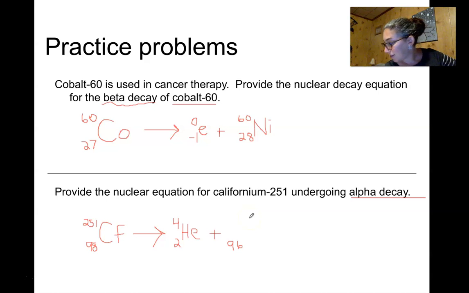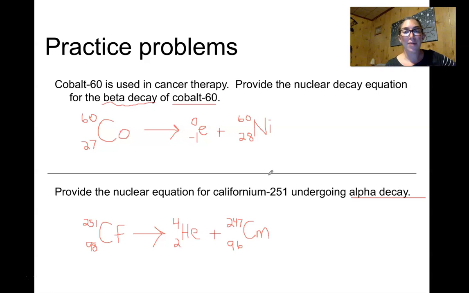And 96 on the periodic table is curium, named after Marie Curie. And the symbol is Cm, because Cu is already taken by copper. And the new mass number is going to be 247, because 247 plus 4 equals 251.